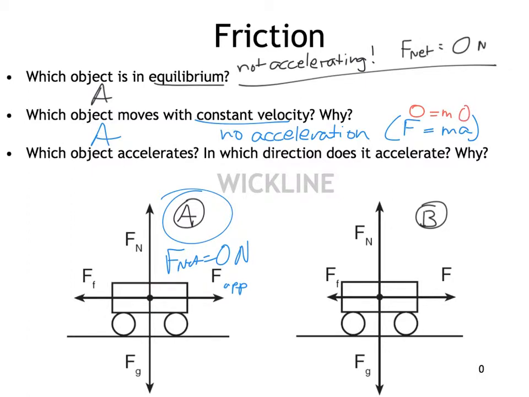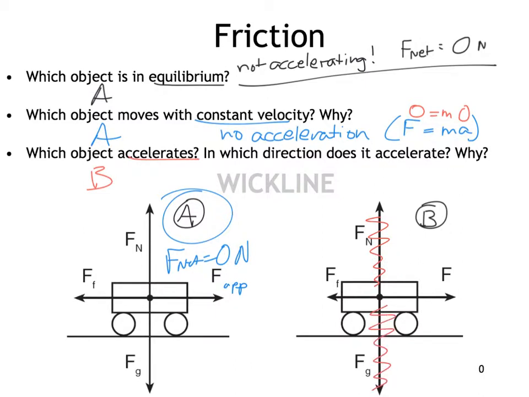Now the third question asks me which object accelerates, and that's going to be cart B. And it's going to accelerate in the direction of the net force. The net force, I can tell you, is going to be in this direction. So basically, the normal force in this one is canceled by the weight. I can tell that by the size of the vector.